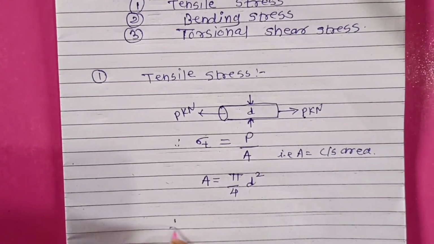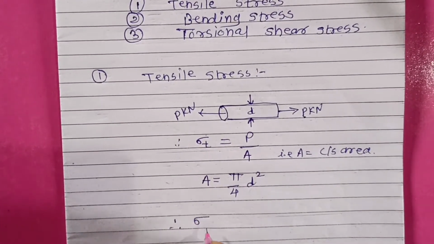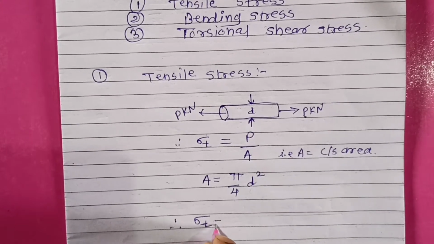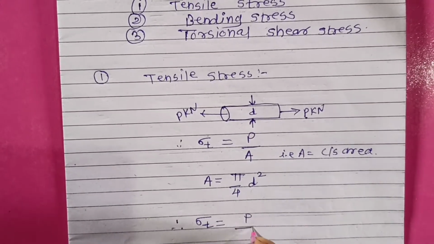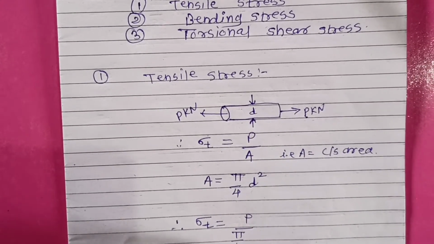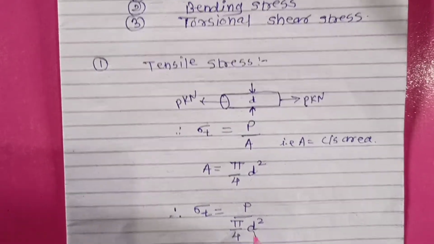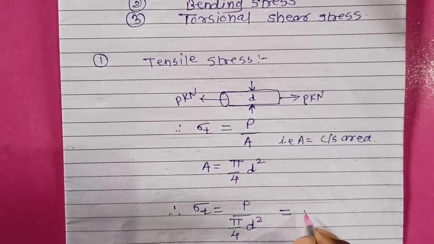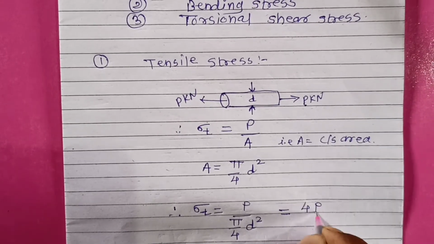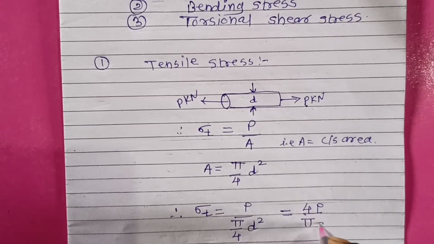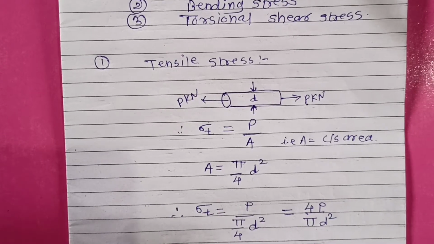The formula for tensile stress is generated here. Sigma T is equal to P divided by pi by 4 into d square, which is equal to 4P divided by pi d square.